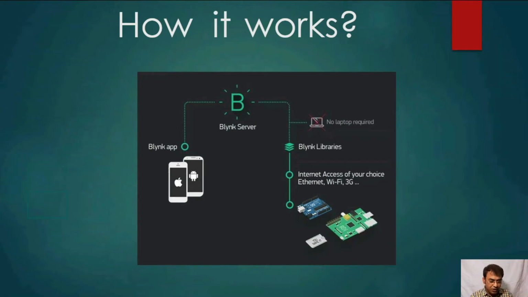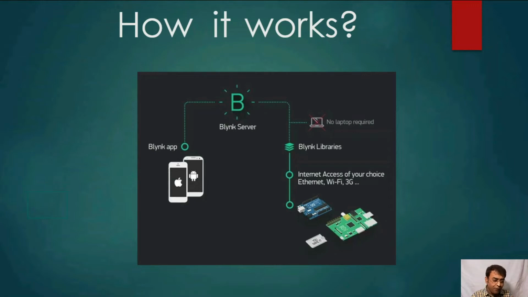Guys, you can see the picture. The first one is the Blynk app, you can see the mobile phone picture. Then you have the Blynk server, and lastly we have the Arduino, NodeMCU, Raspberry Pi and all, and also the Blynk libraries.